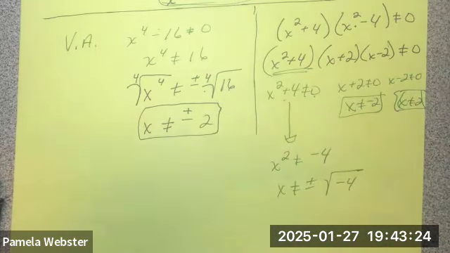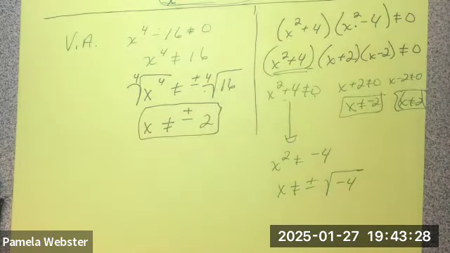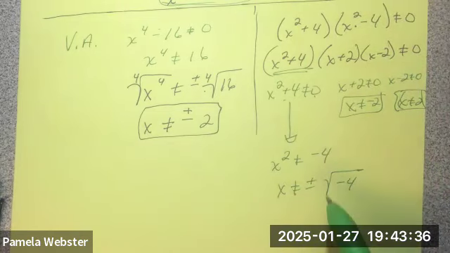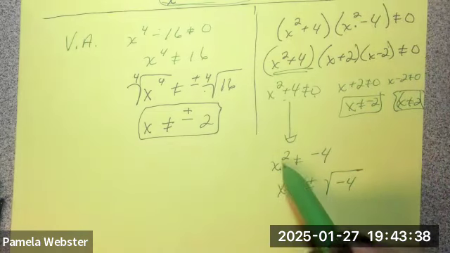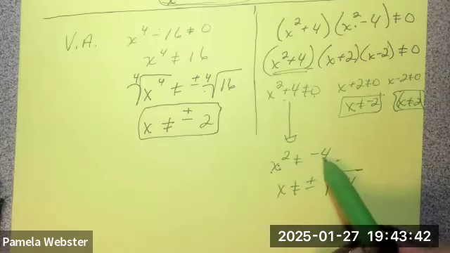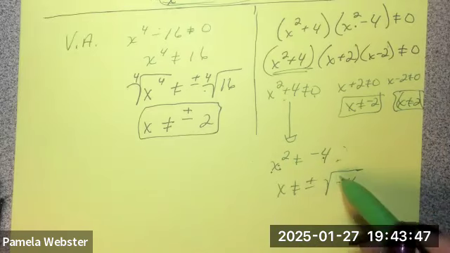Anytime I make x squared plus 4 equal to 0, those are positive things, right? I'm not going to find a value that's going to give me that. If I square a positive, it's a positive. If I square a negative, it's a positive. So I'm not going to get anything like this, not in the real numbers.